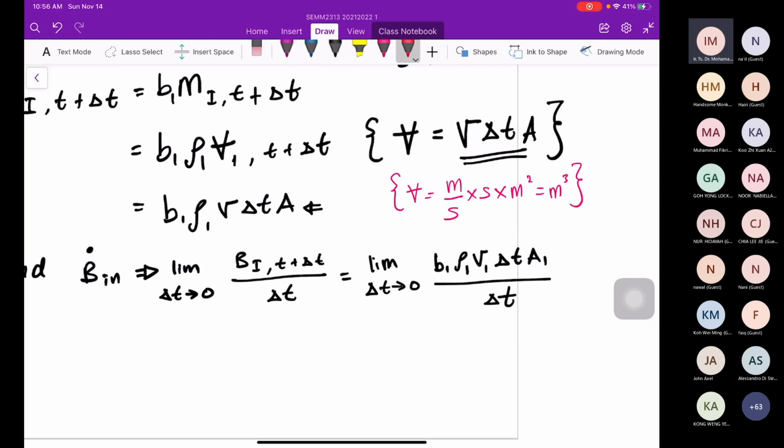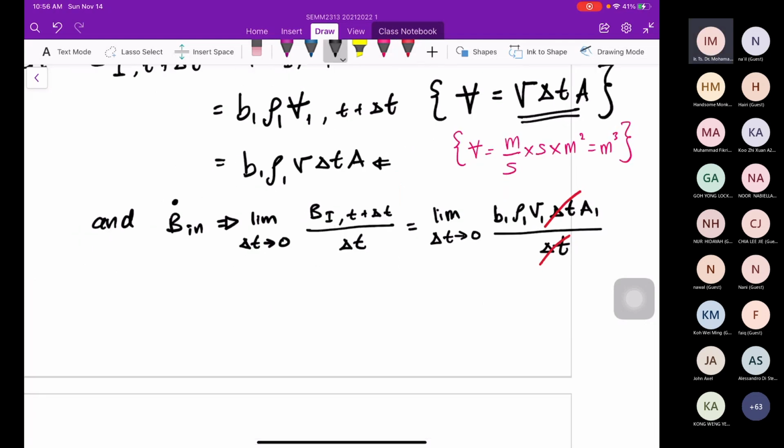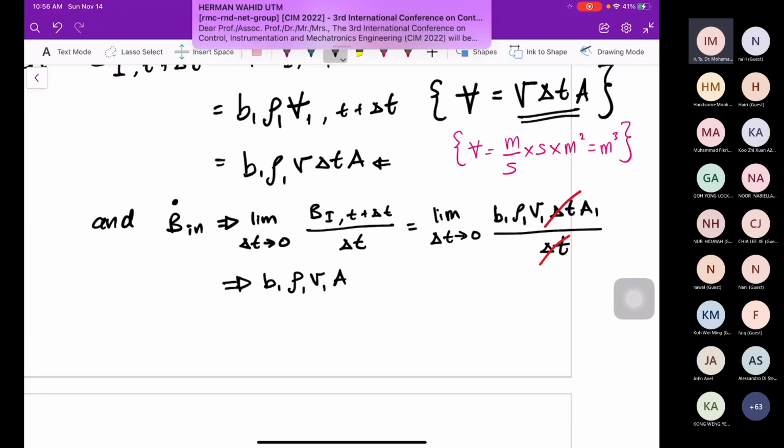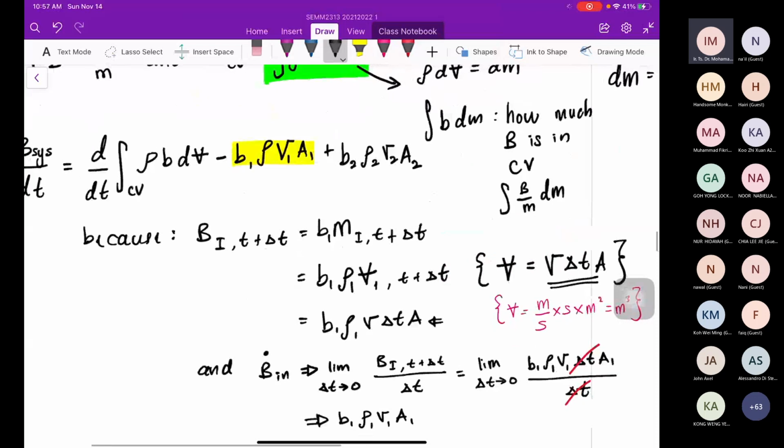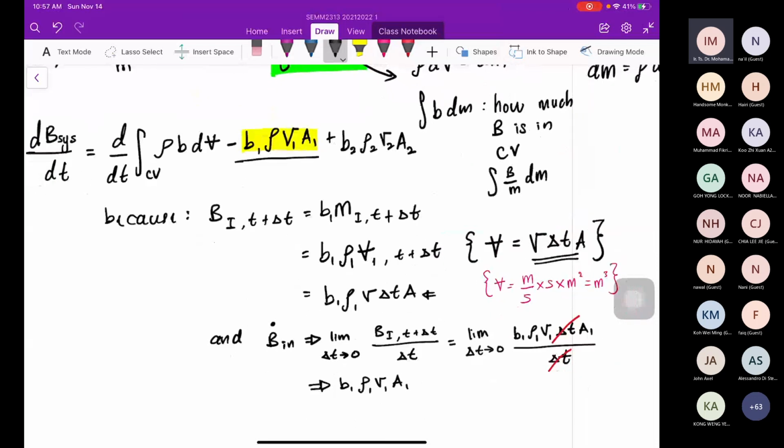Yes, we can cancel delta T. What do we get? It is basically B1, rho 1, V1, A1. So is it the same like this? Yes, it is the same like this and this one.